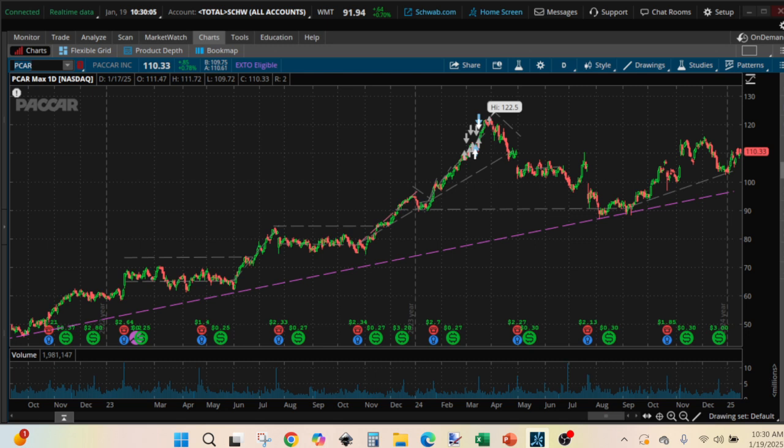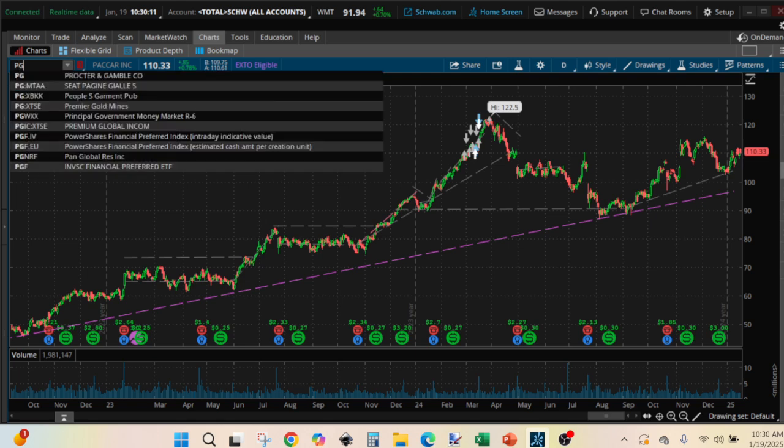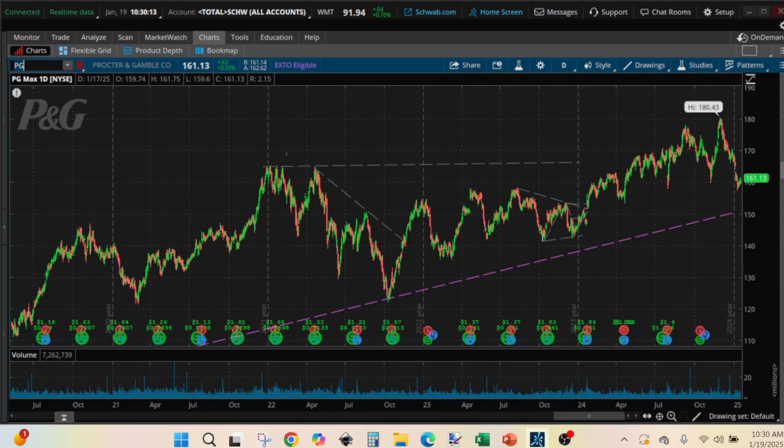PG. So PG, we like to buy at the purple line. Right now it's going down. The way we are analyzing, we are just paying attention to how the chart is behaving, like it behaved in the past, and just keep looking at the pattern of this chart.